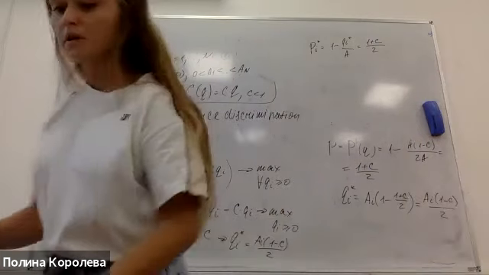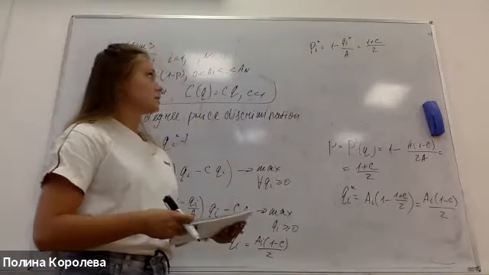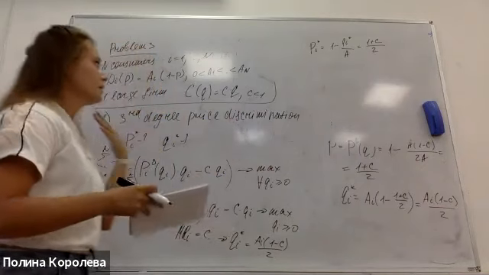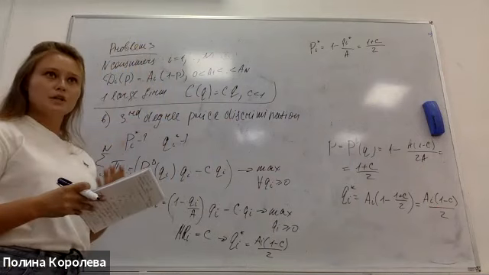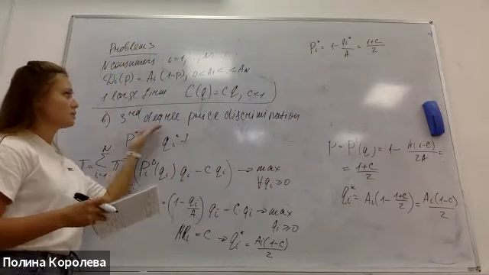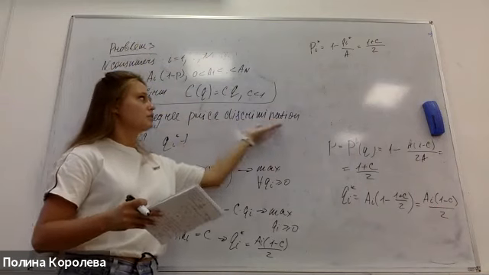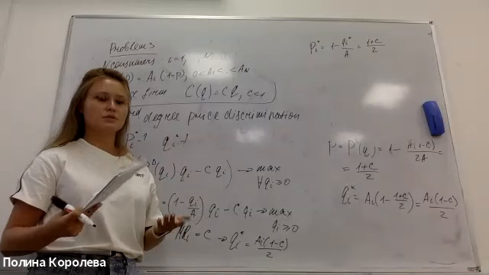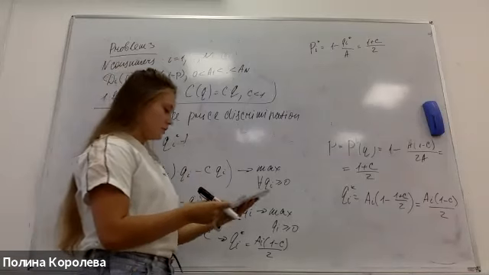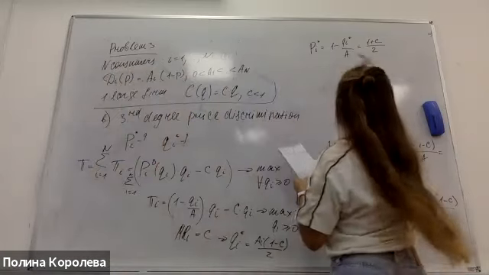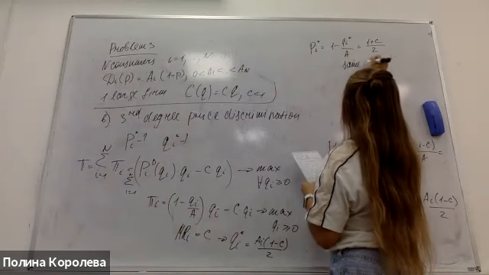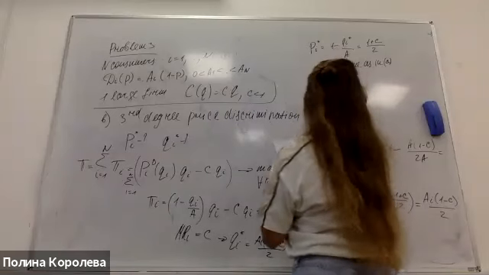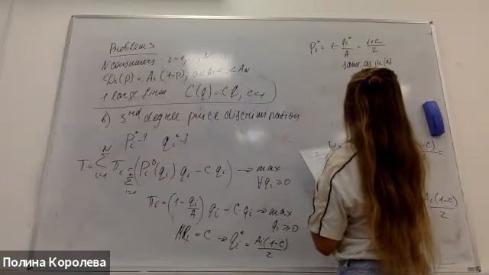Let's write down our conclusions. But this is only in this example. There can be such situations that third degree price discrimination will not give us more profit. So everything is the same as in A. That's why the profit is the same.